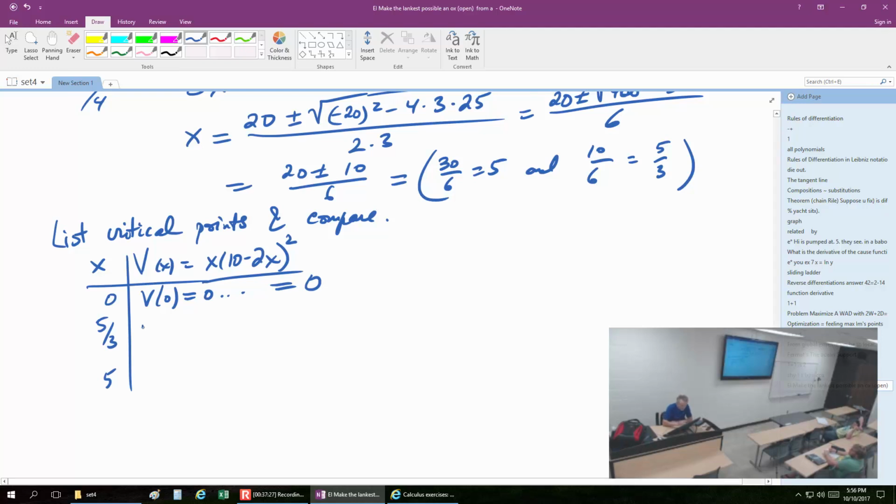Now if I put 5/3 here, it is 5/3 times (10 minus 5/3), so 10/3, and so what squared. What does it give us? 5/3, and is it 6? So 30 minus 10, so 20/3.